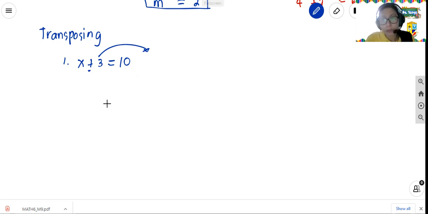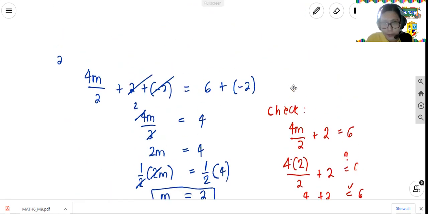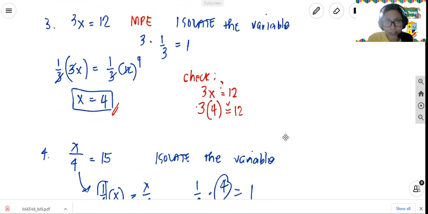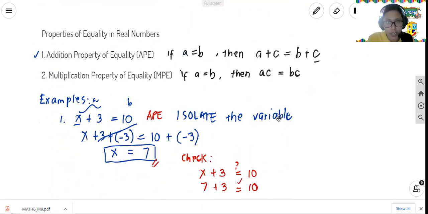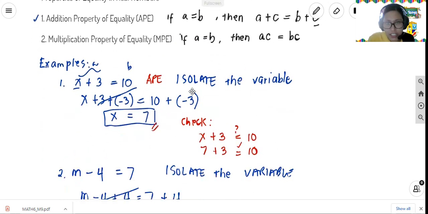So if you transpose 3 to the right side, it will become negative 3. The sign will change. If you take a look at what we have added here on the right side, you can see that it's negative 3 here. So it's actually the opposite or the inverse.